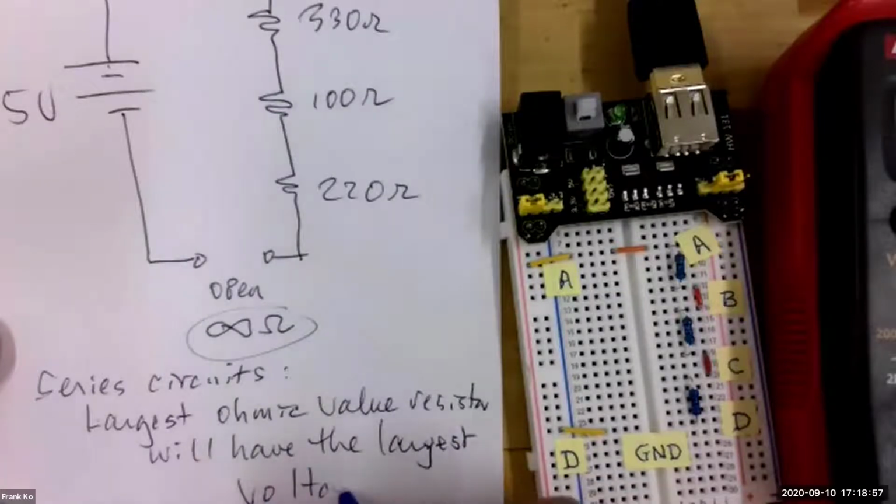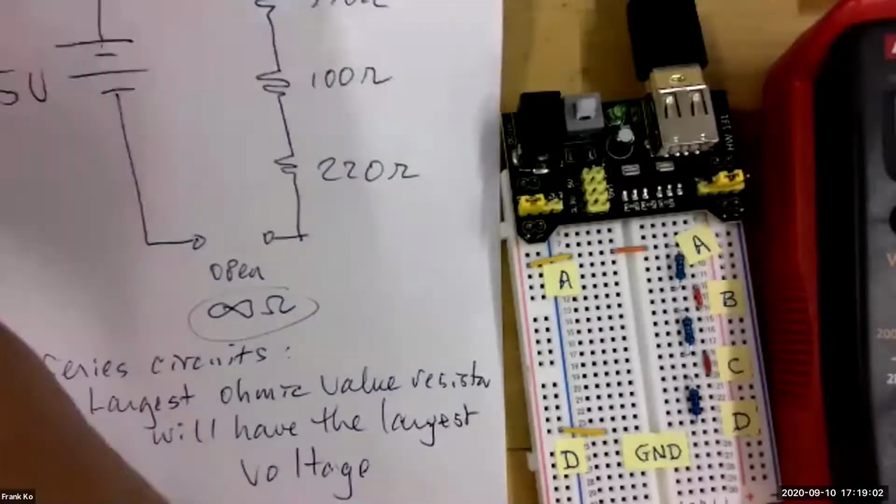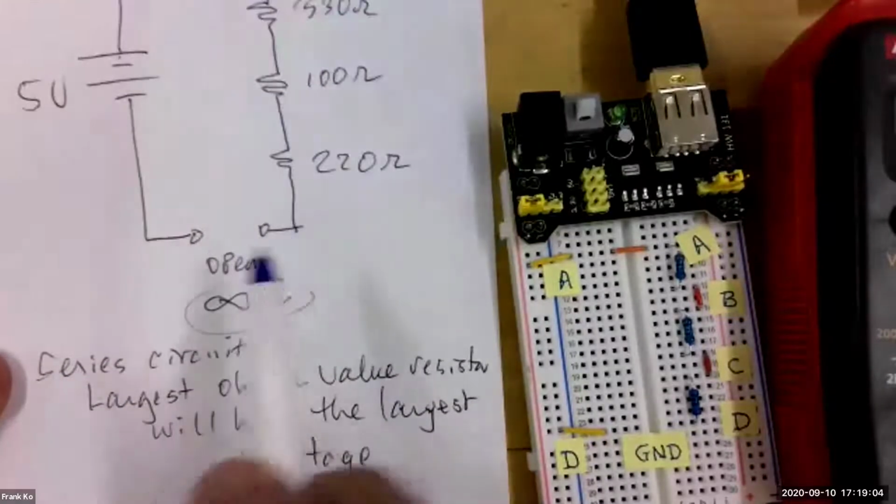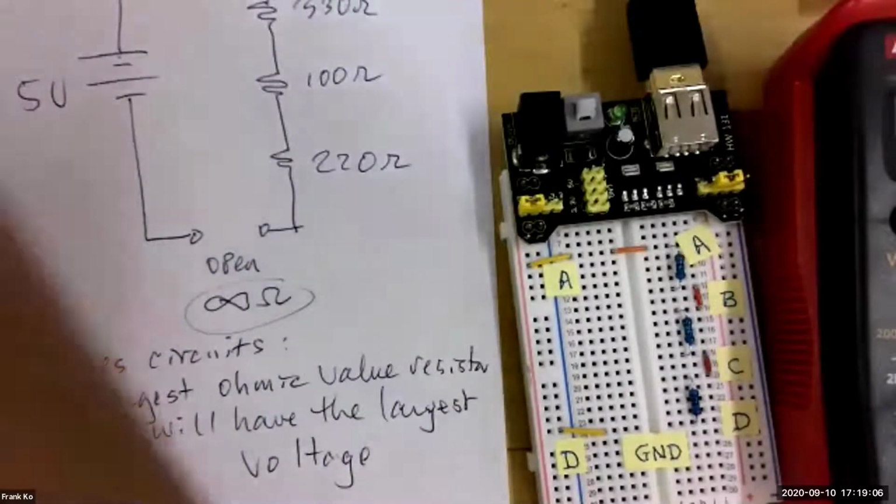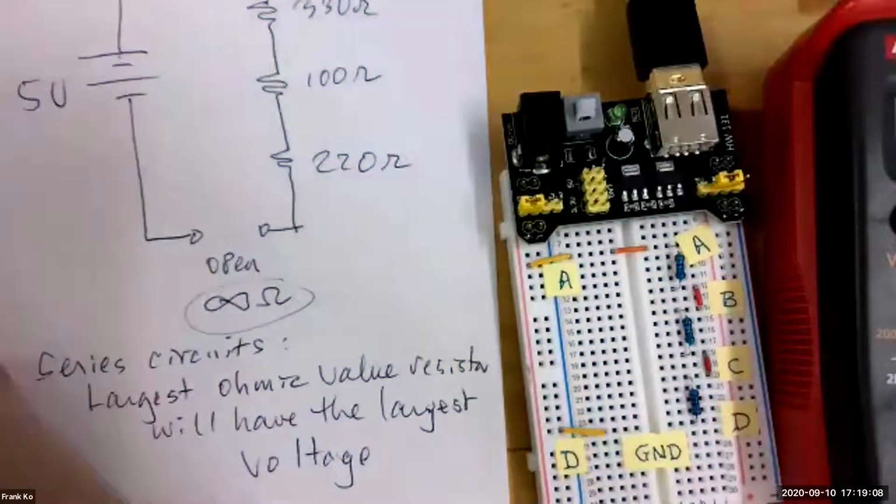Do you remember something like that in our summary? It isn't phrased quite like that, but it's something like that. The smallest ohmic resistor will have the smallest voltage. Wasn't that the case when we did our measurements earlier?